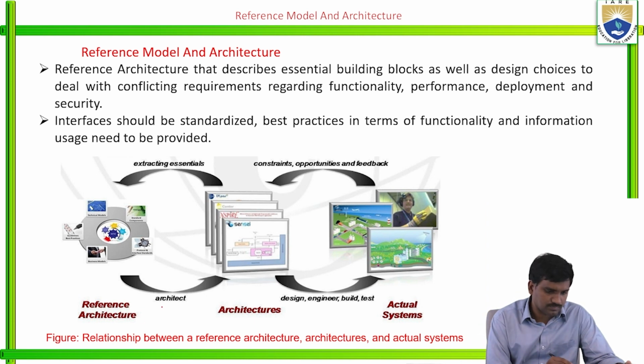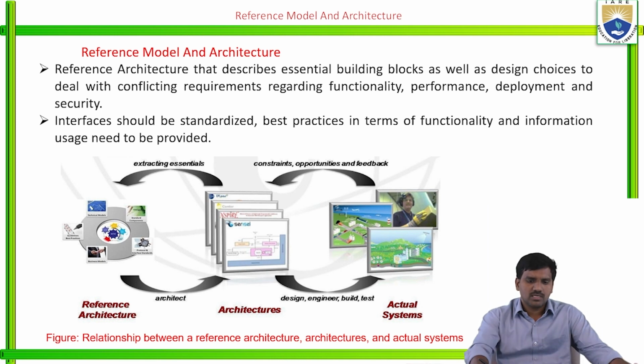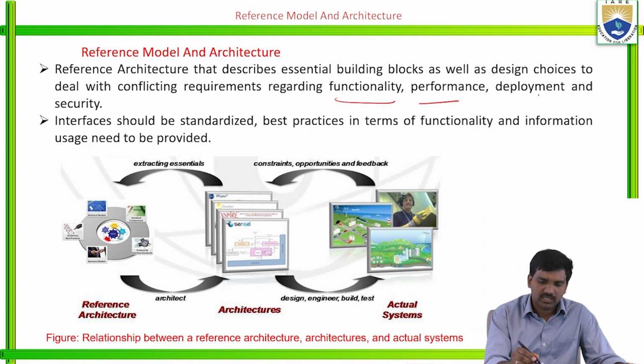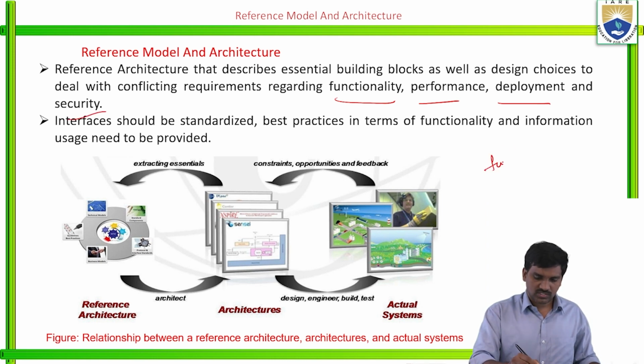This is the IoT reference architecture that describes the main functions. It describes essential building blocks as well as design choices to deal with the conflicting requirements regarding functionality, performance, deployment, and security.